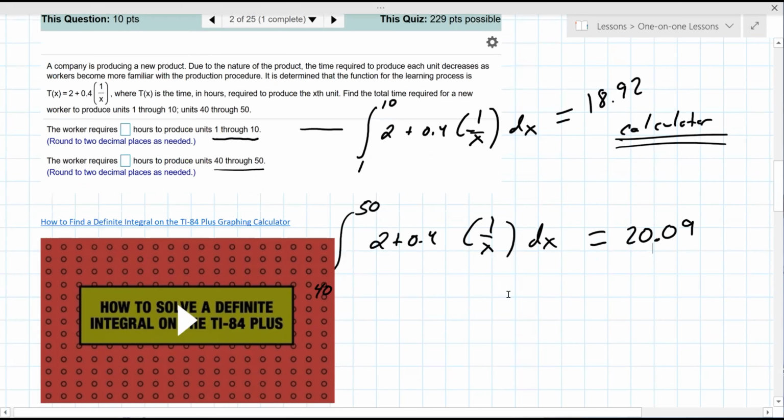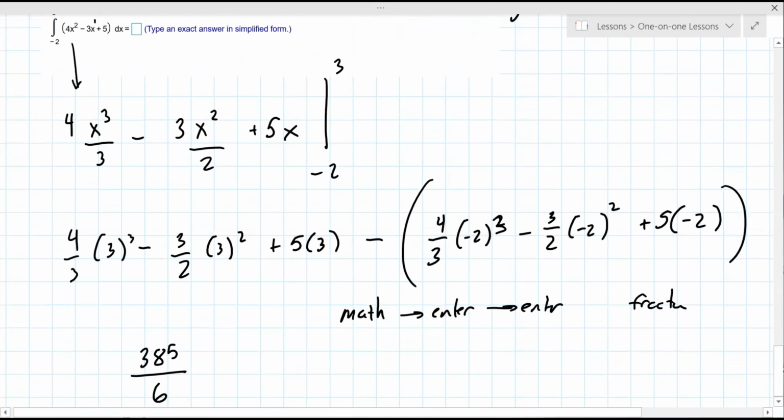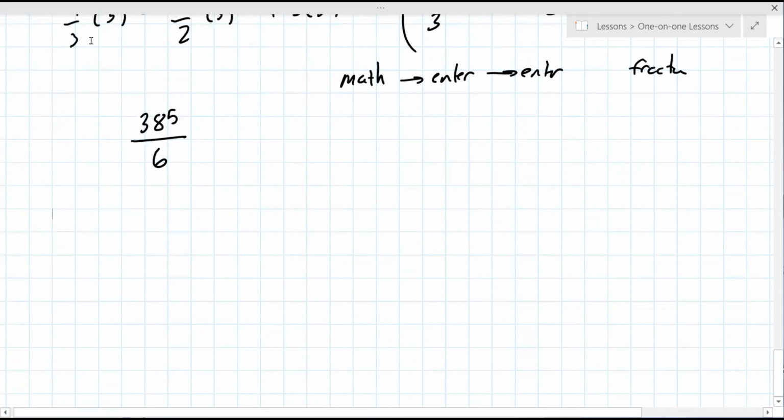Okay, so those are those answers there. You'll see how to do that on your calculator. And we're moving on to the next question here.